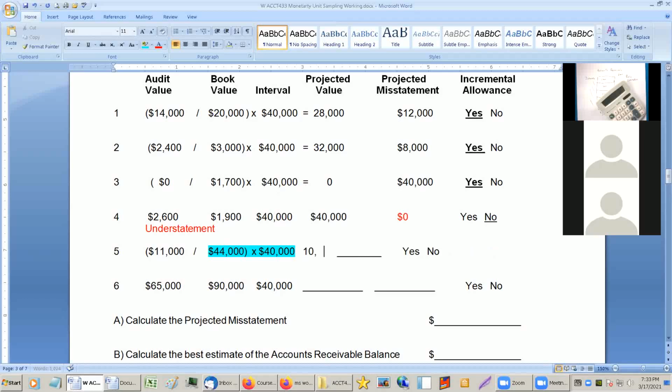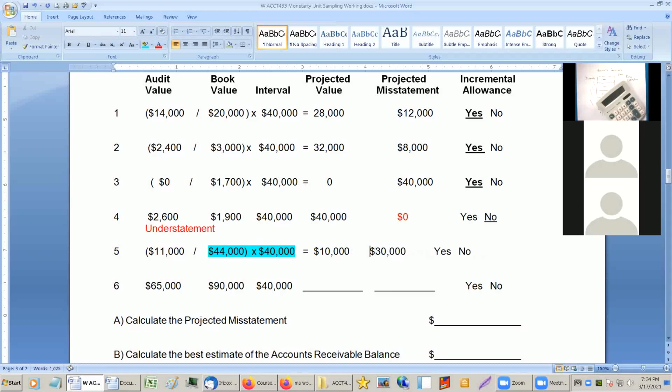Oops. So don't write this up. This is wrong. And the misstatement would be 30,000, right?